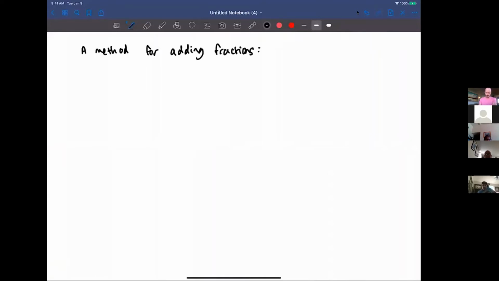So suppose I had a pair of fractions, 3/5, and I'll just make up another one, 4/7, let's say. And I wanted to add those together. Of course, what I need to do is multiply the denominators together and then multiply these cross terms, 3 times 7 plus 4 times 5, and I get an answer, which is 41 over 35.